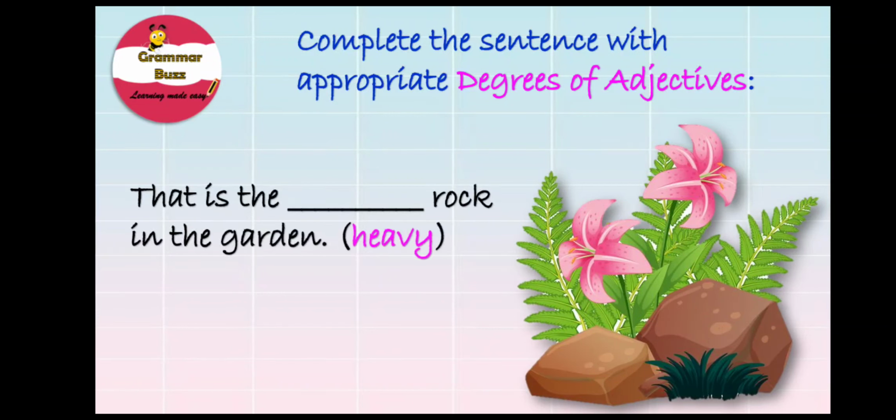The following sentence for you is, that is the dash rock in the garden. And the positive degree of adjective is heavy. What could be the correct degree of adjective that you would use for this sentence? Can you say what it is? Yes, you're right. It is heaviest. Well done.